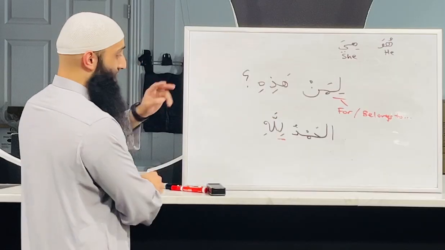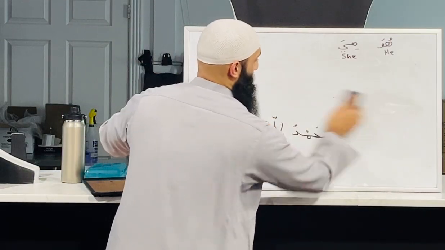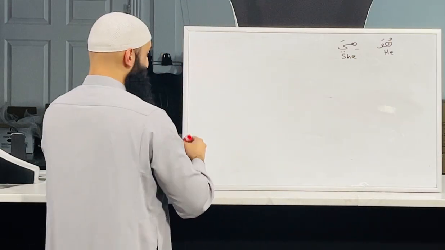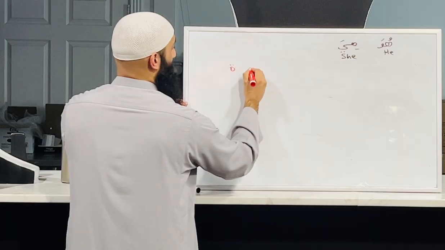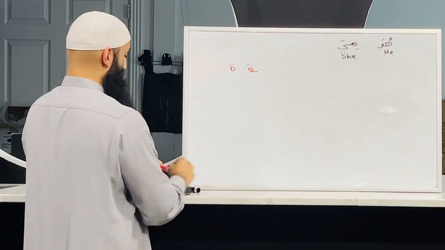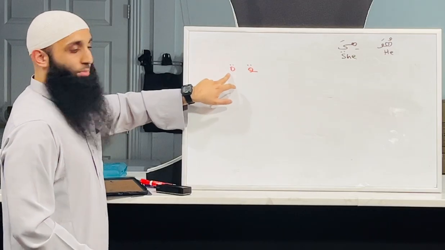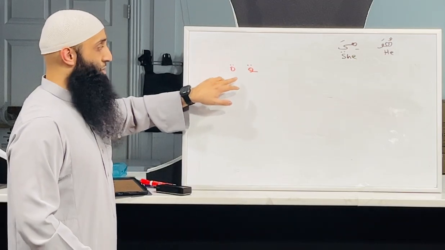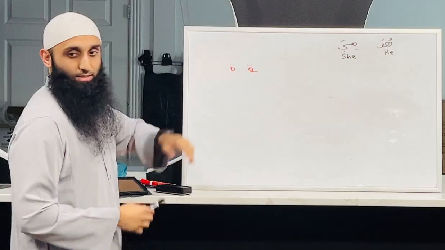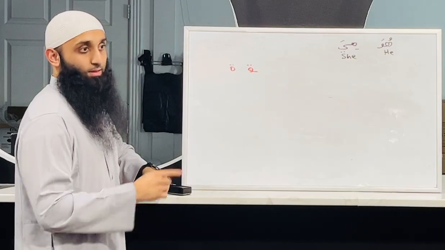We've learned two signs that something is feminine. The first one is if it has a ta marbuta. Sometimes it'll be connected, sometimes it won't be connected. Does anyone know when it won't be connected? Depending on the letter that comes before it.